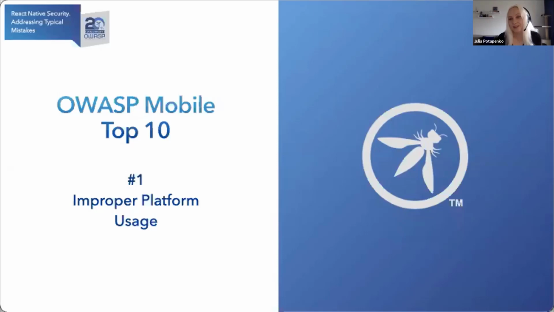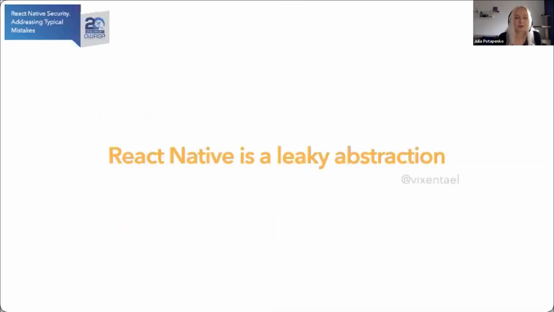And the first item in it is improper platform usage. And the sad truth is that if it's hard for iOS and Android developers to use platform-specific security controls, it is even harder for React Native developers because, again, you need to deal with specifics of all three platforms. I will show you multiple examples of this.